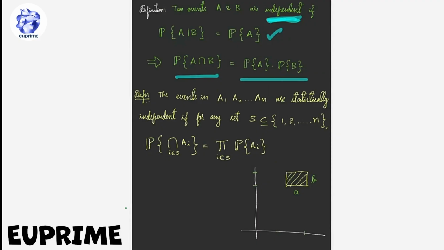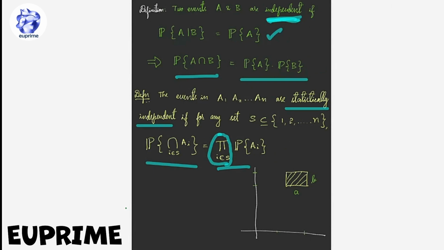So we write this formally. The events A1, A2, AN are statistically independent if for any set S that belongs to natural numbers, we have probability of intersection of all these events equal to this product term. By the way, if you're not familiar with this beast, it means product of probabilities.